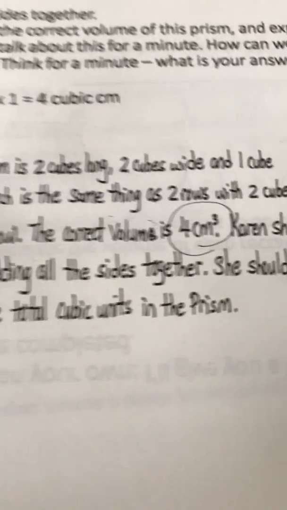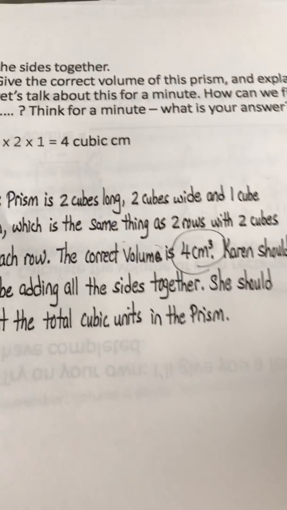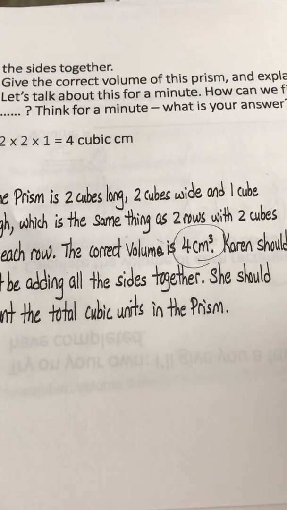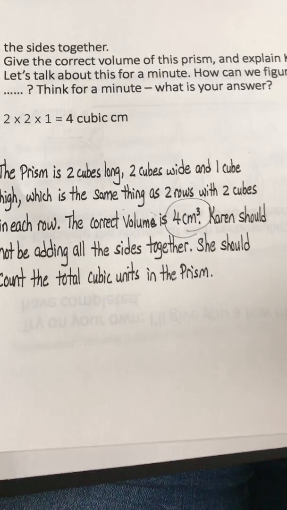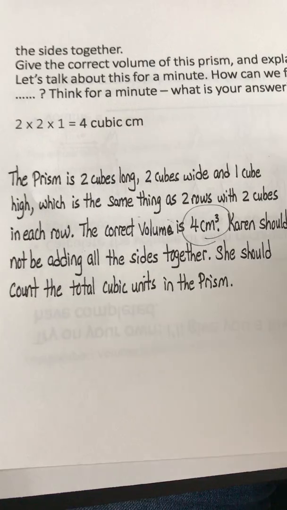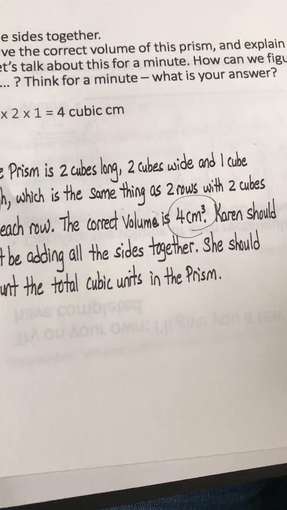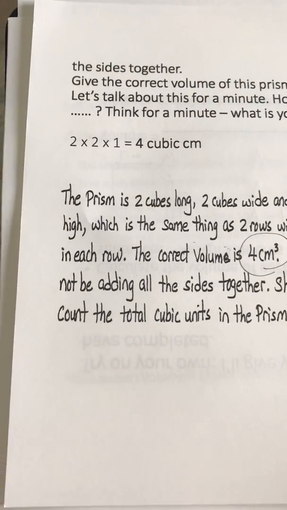Okay, it says Karen should not be adding all the sides. She would count the total cubic units in the prism. Okay, it says the prism is 2 cubes long, 2 cubes wide, and 1 cube high, which is the same thing as 2 rows, 2 cubes in each row. The correct volume is 4 centimeters cubed. Okay.